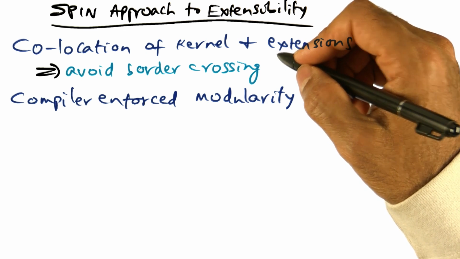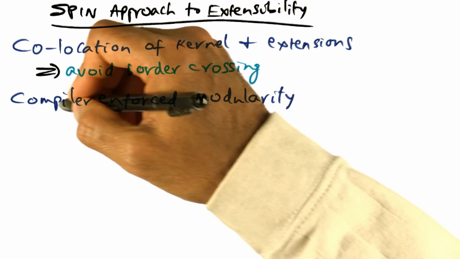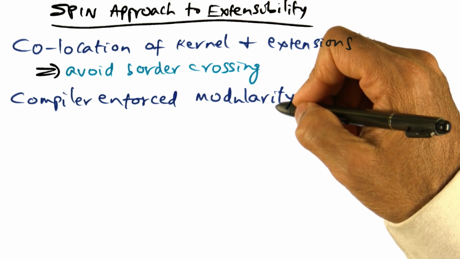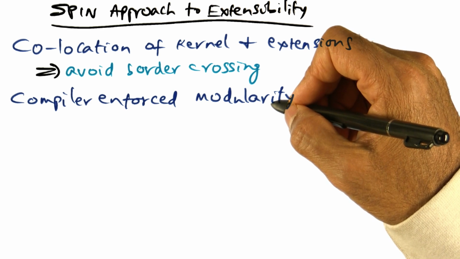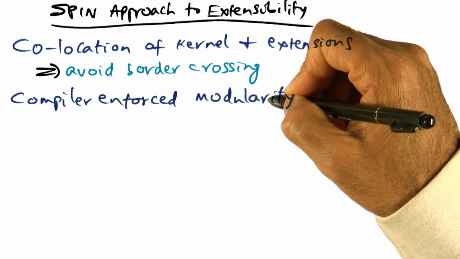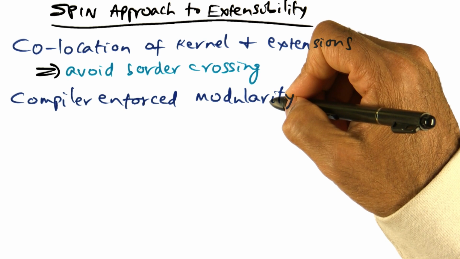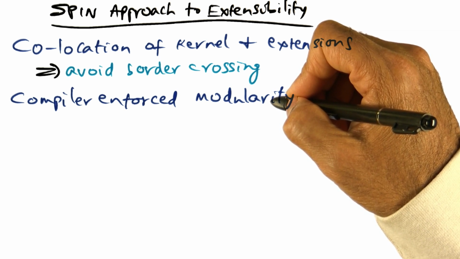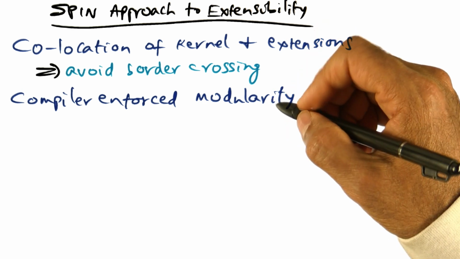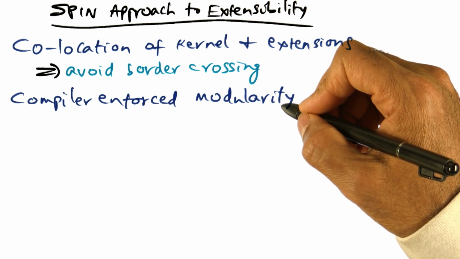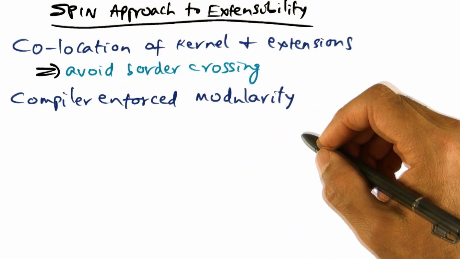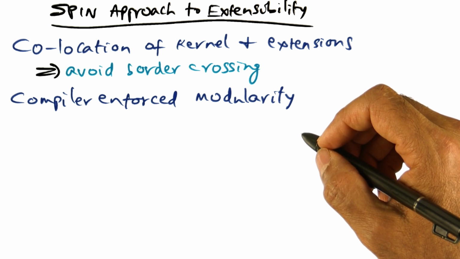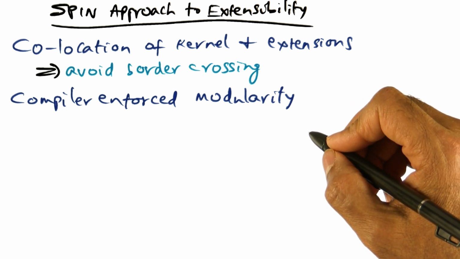Well, the approach that Spin took was to rely on the characteristics of a strongly typed programming language so that the compiler can enforce the modularity that we need in order to give guarantees about the protection. So by using a strongly typed language, in the case of Spin, they used Modula-3, more on that in a minute, the kernel is able to provide well-defined interfaces.